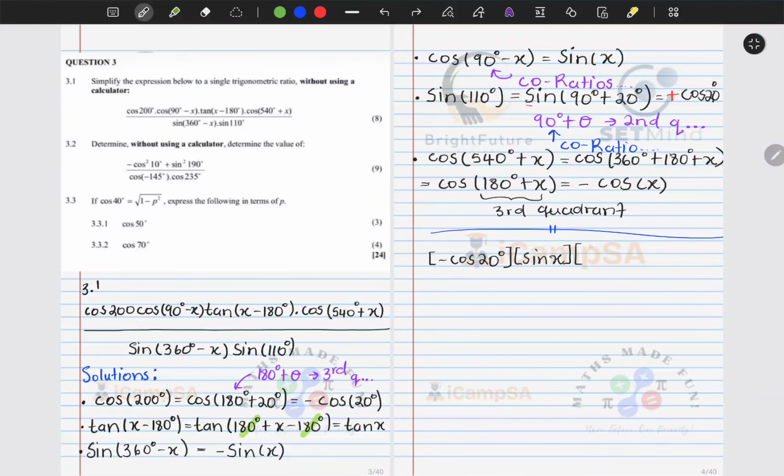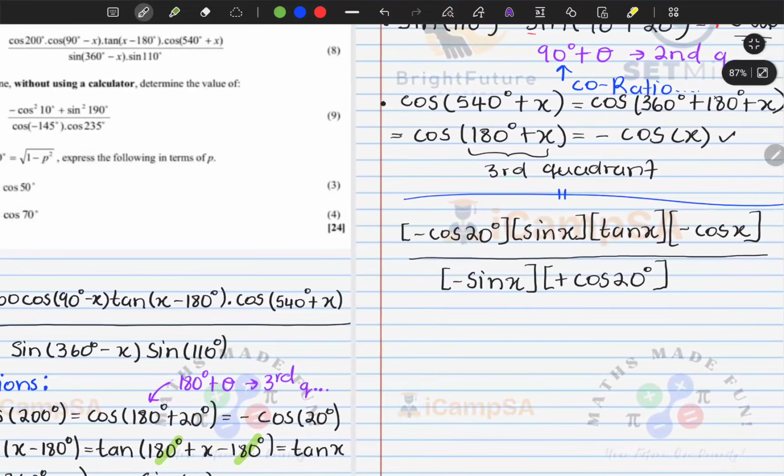Then wherever we have cos of 540 plus x, we end up having minus cos of x, and this is divided by, wherever we have sine of 360 minus x, that becomes minus sine of x. Then wherever we have sine of 110 degrees, it is up there, we end up getting positive cos of 20.